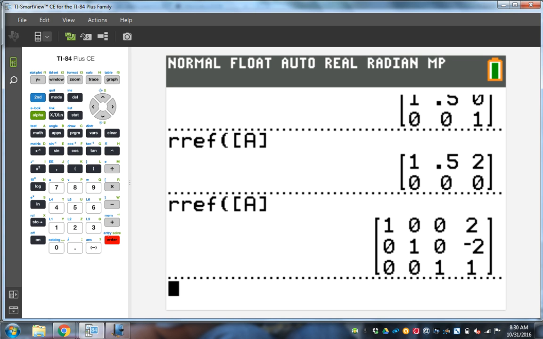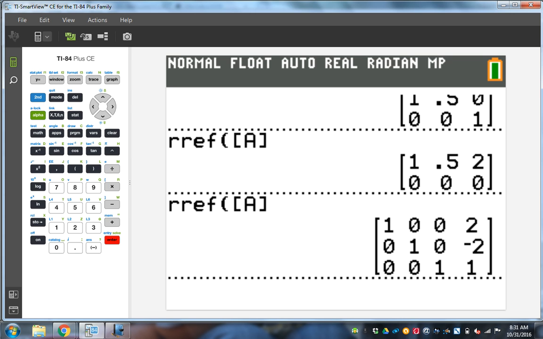What kind of system do we have here? Is it consistent, inconsistent, dependent, independent? Is there an answer? Yeah, there's an answer because we've got ones and zeros on the left side. We got all numbers over here. The bottom row is not special. So we've got x is equal to 2, y is equal to negative 2, z is equal to 1.